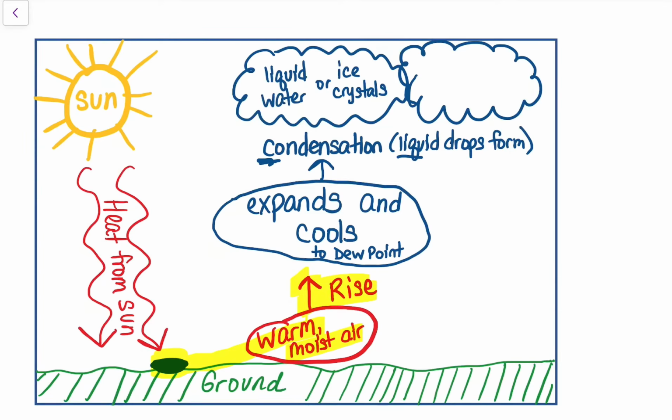And as it rises, it expands and cools. After it cools, the water will then condense. The water will change from a water vapor into a liquid. And that liquid water gathers together so that we get our clouds.